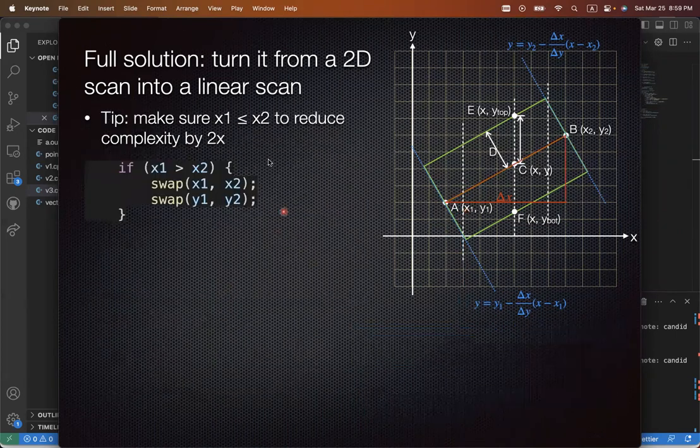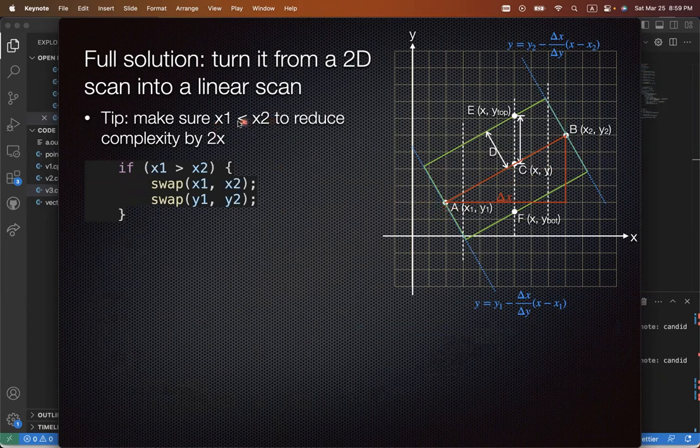Okay, and finally, I'll give you one more tip. And this tip is very commonly applicable and super useful in many OI problems, not just in computational geometry, is that you really want to make sure that x1 is less than or equal to x2. So you want to make sure point A is to the left of point B. Because if it's not, then you have to write code that's twice as complex.